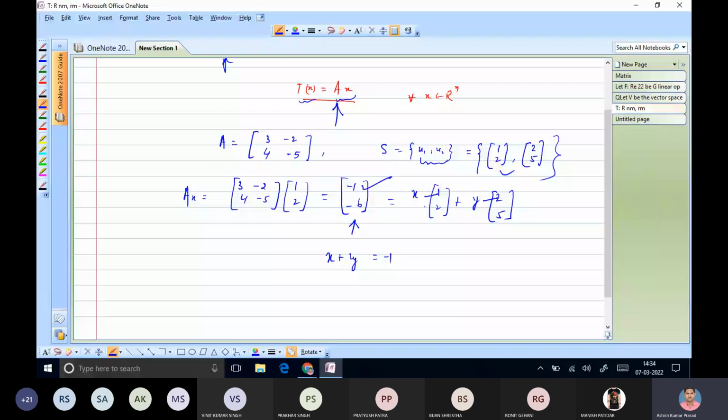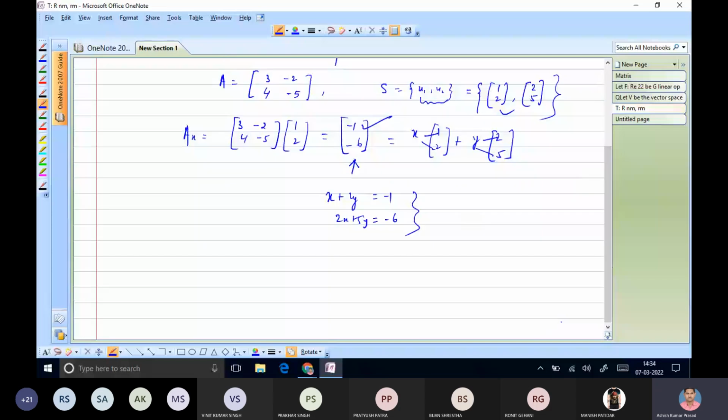Then 2x plus 5y should be equal to minus 6. So now again I have a system of equations. I will try to solve it: 1, 2, minus 1, 2, 5, minus 6. First of all, I will multiply minus 2 to the first row and add it to the second row. So I will get 1, 2, minus 1, then 0, 1, and minus 6 plus 2 is minus 4.